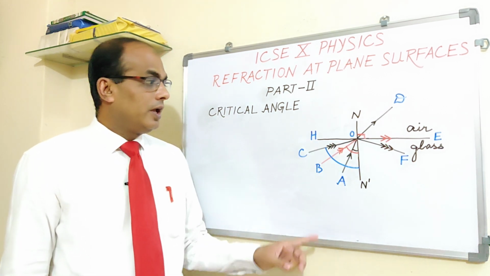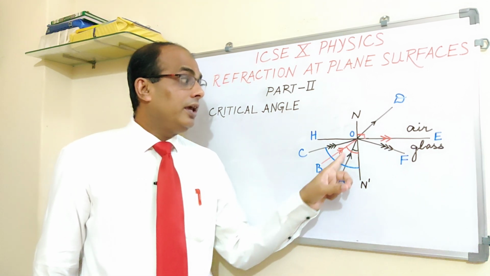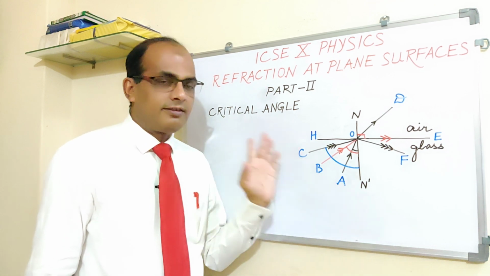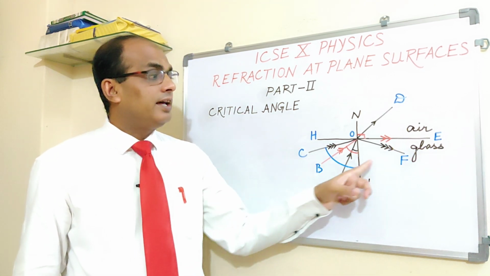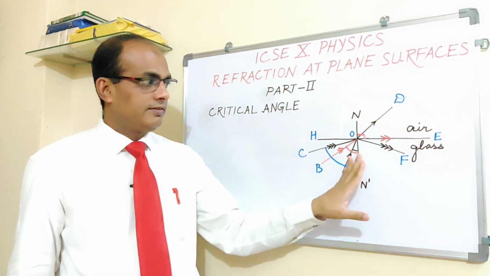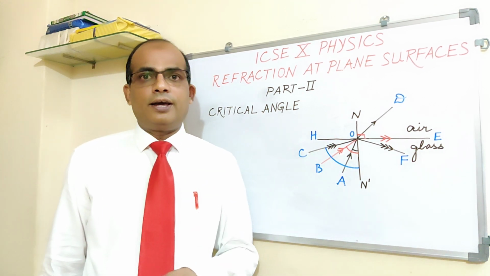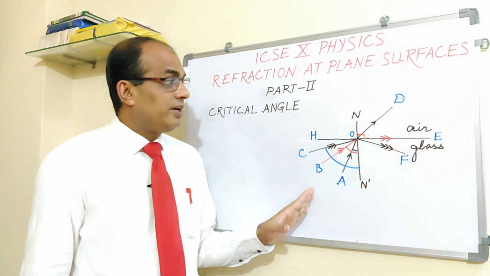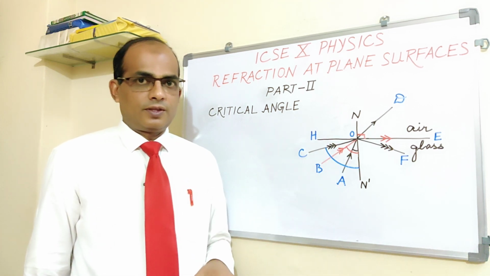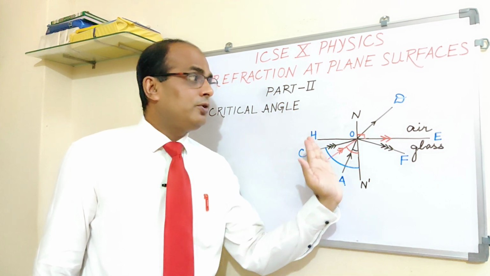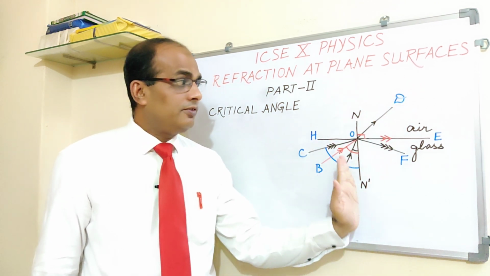Clear? Now we take AO, one incident ray in the denser medium. Why denser? Because we are taking this as glass. So AO is a ray of light which is traveling from denser medium to rarer medium, from glass to air.